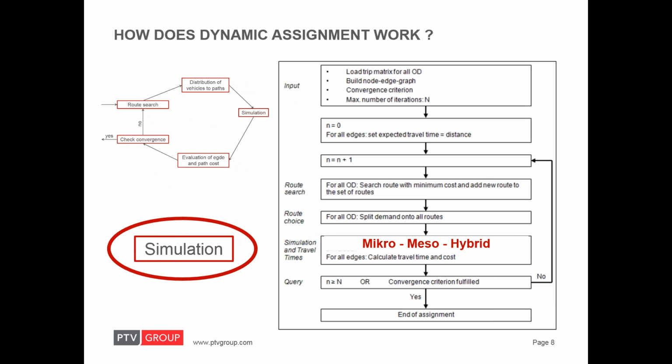So the big advantage is that these options are exchangeable. Because the edge and route evaluation is based on the dynamic traffic assignment graph, you can easily switch between these three different modes. Of course the parameters must be set according to the simulation method, micro or meso, but it is not necessary to produce new path files, for example.